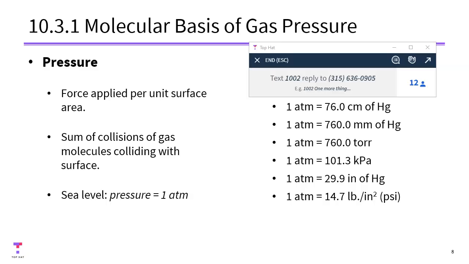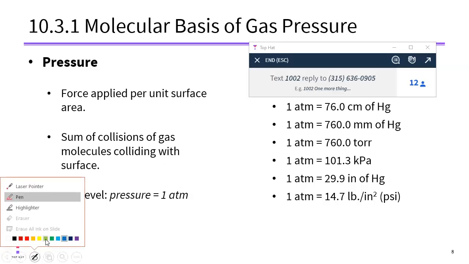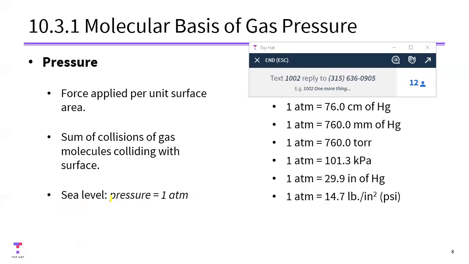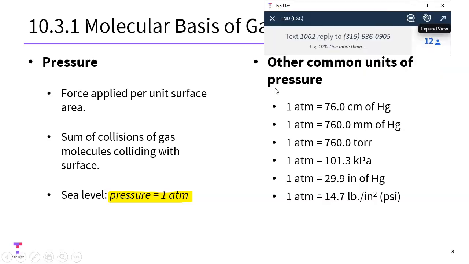Pressure is most commonly defined by the atmosphere. So 1 atmosphere of pressure is defined as the pressure at sea level for the atmospheric gases. Now, that doesn't do us a whole heck of a lot of good because we are rarely at sea level.